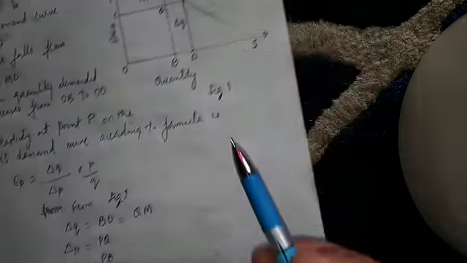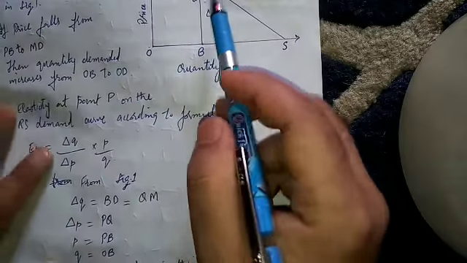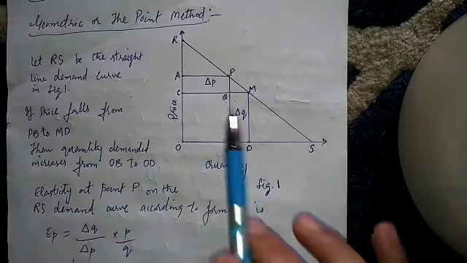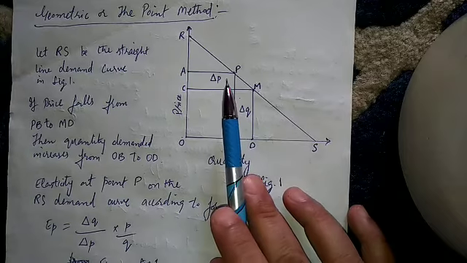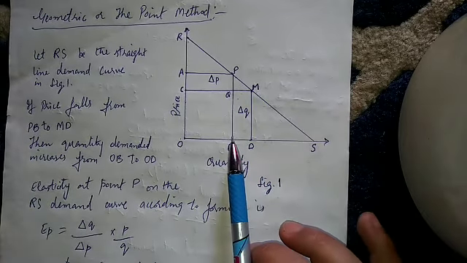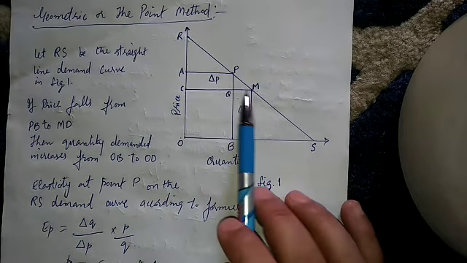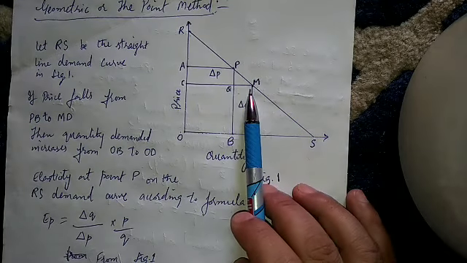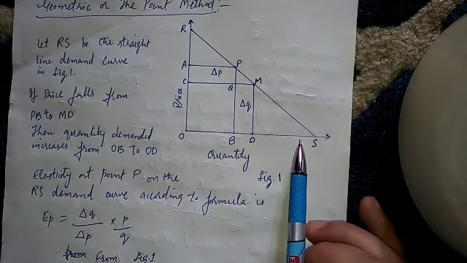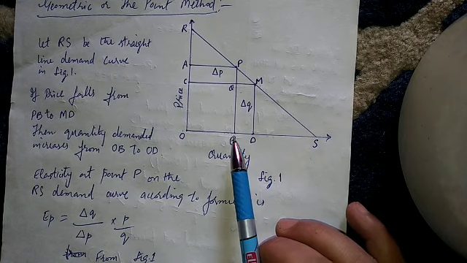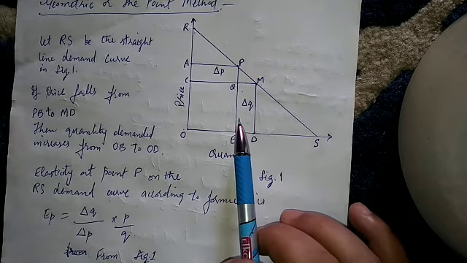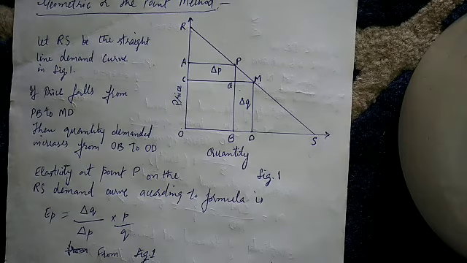See how. QM by PQ is equal to BS by BP, or PB, right?